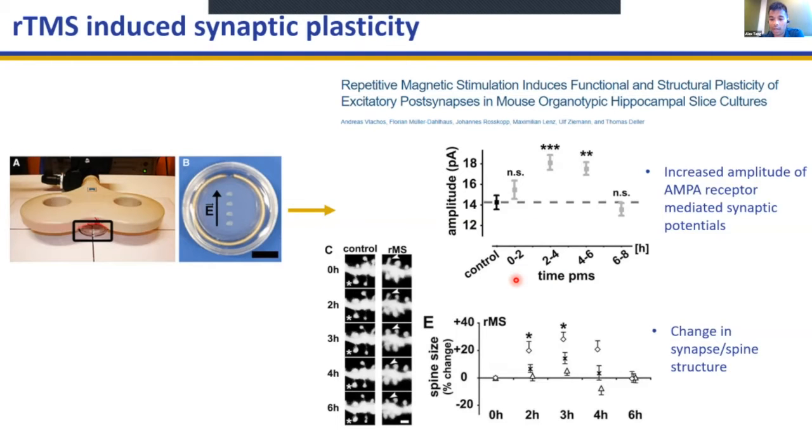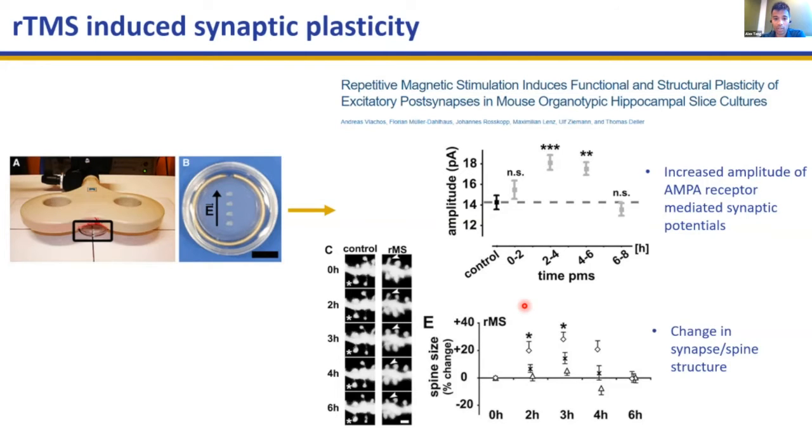And so this is in line with other animal studies of synaptic plasticity, where generally a functional change or a change in synaptic weight will always have, or almost always have, a change in structure that follows with it. So this is suggesting that rTMS is also driving structural plasticity in the brain, but there's currently no evidence to suggest this happens in a living brain. It happens in vitro, but does it happen in a living brain?